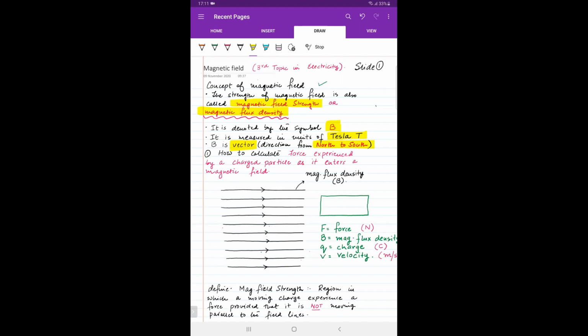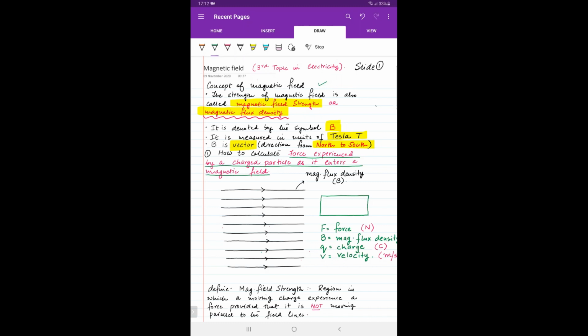So जो पहली working करनी है, that is, how can we calculate the force experienced by a charged particle as it enters a magnetic field.